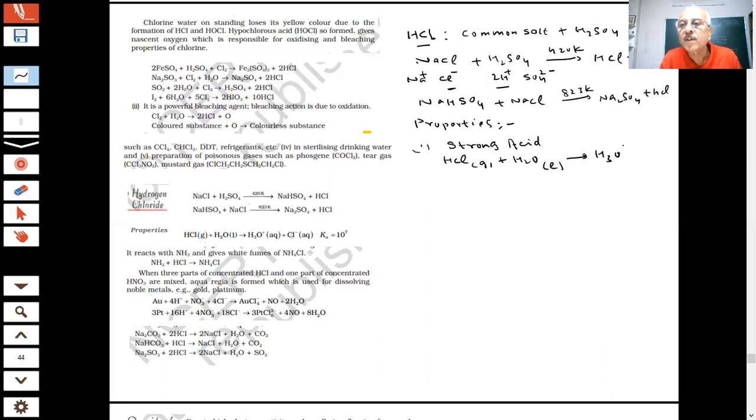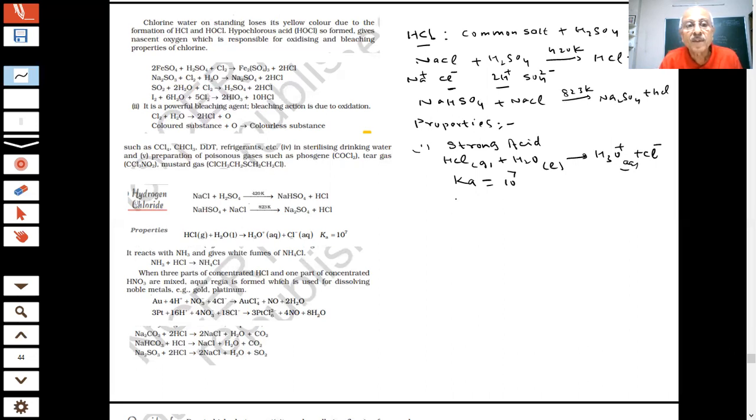You get H3O+ and Cl-. So the Ka value is very high, and therefore the pKa value will be very small. Hydrochloric acid is a strong acid.